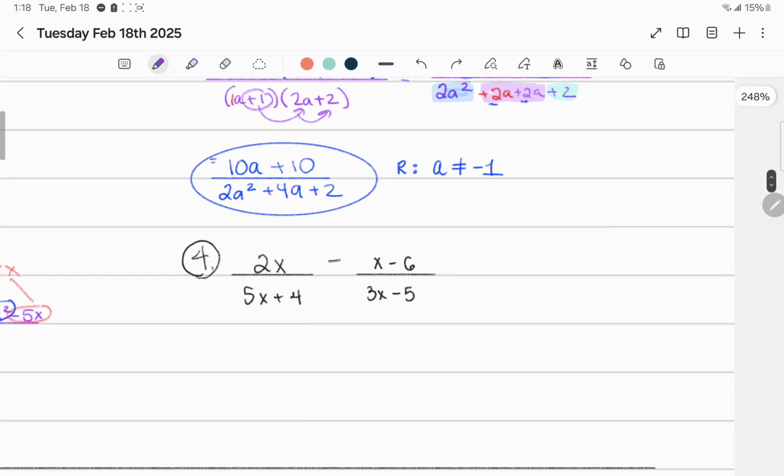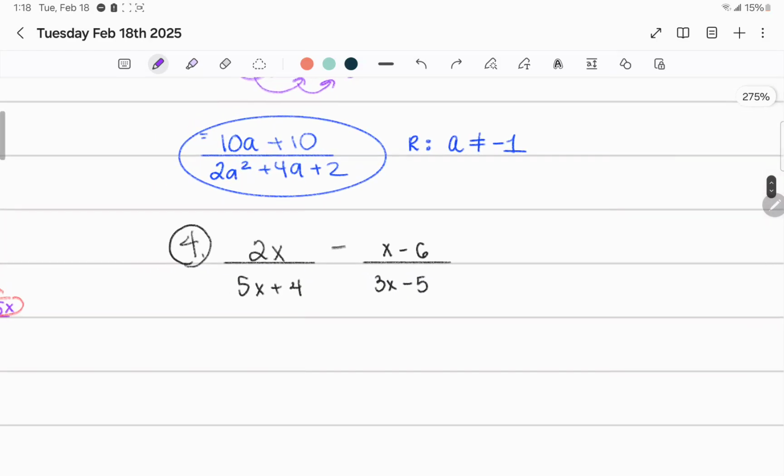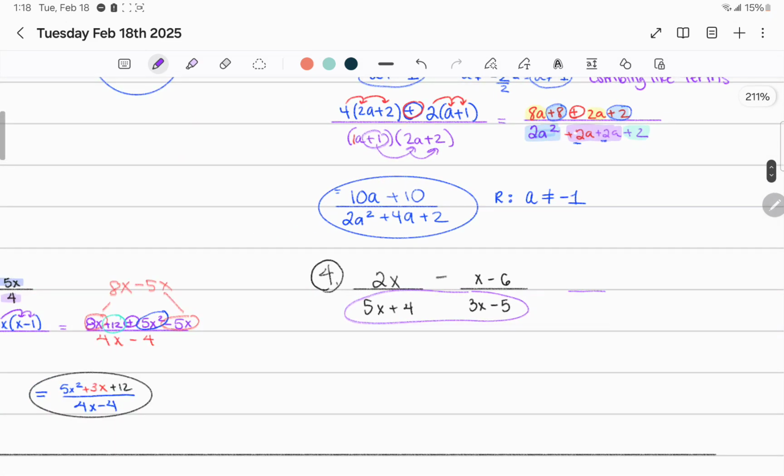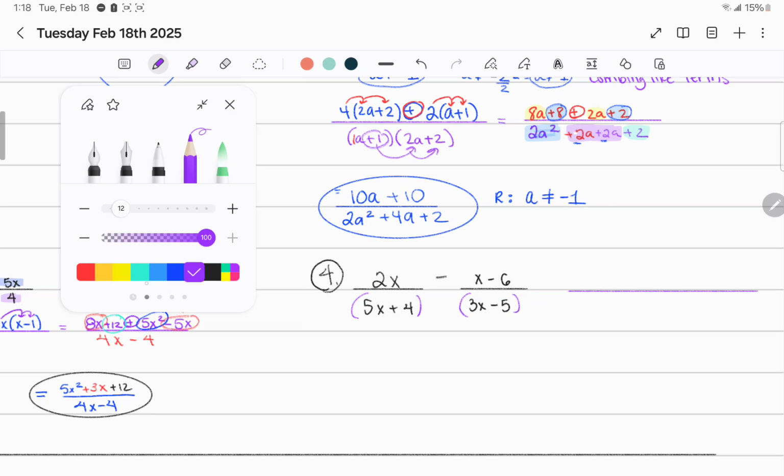Step 1. Multiply your denominators. So we're doing these two multiplied. So let's go ahead and do here and here. We can just use this space here. For your restrictions, let's do the restrictions first. Again, the restrictions would be x.